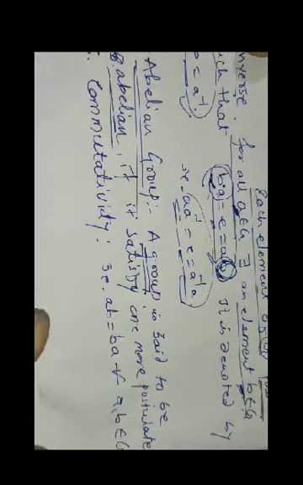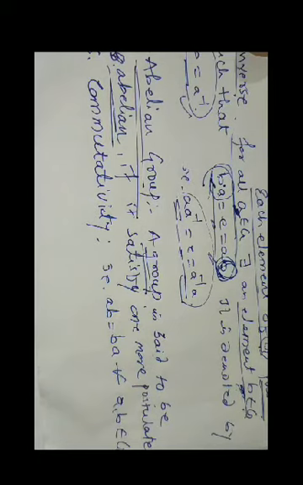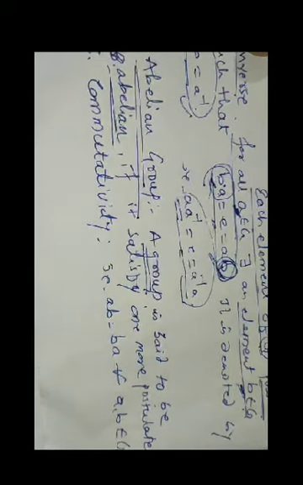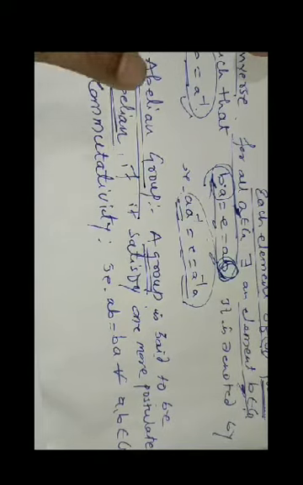Also, students, a very important concept is the abelian group. What is meant by abelian group? A group is said to be abelian. So what is a group? A non-empty set G with the binary operation dot satisfying four postulates is said to be a group. And what is meant by abelian group?